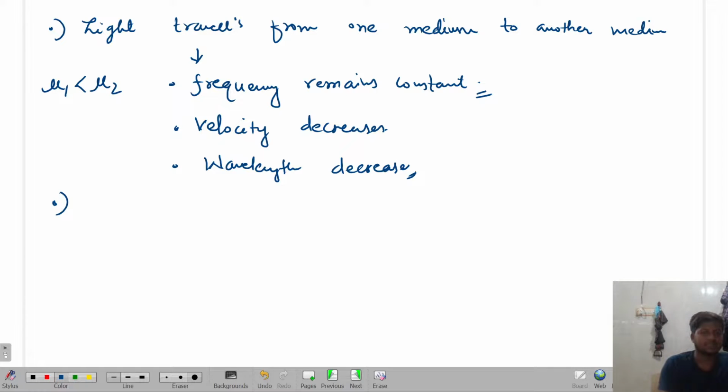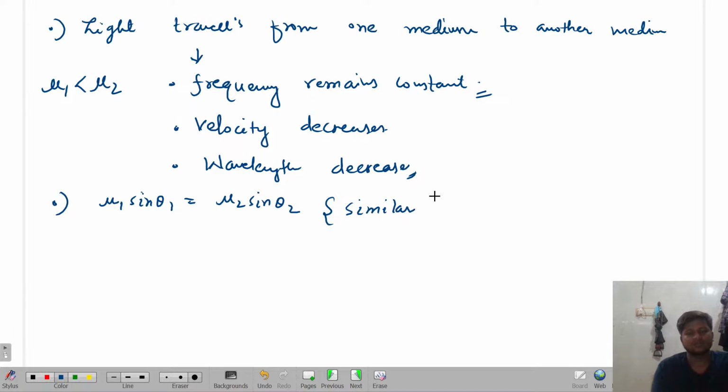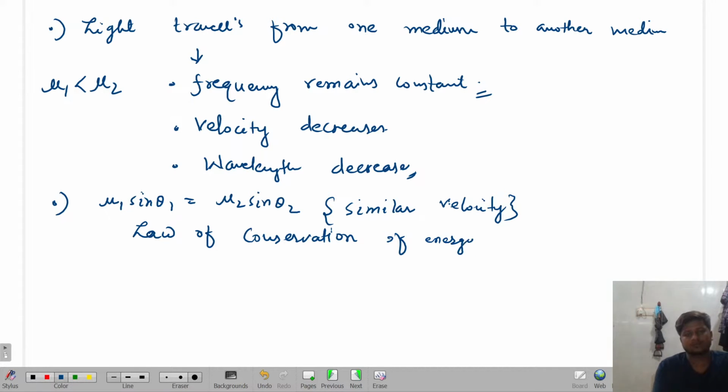Second point, Snell's law tells that mu1 sine theta 1 is equal to mu2 sine theta 2. On which principle is it based? Similar velocity principle, or the law of conservation of energy for light.